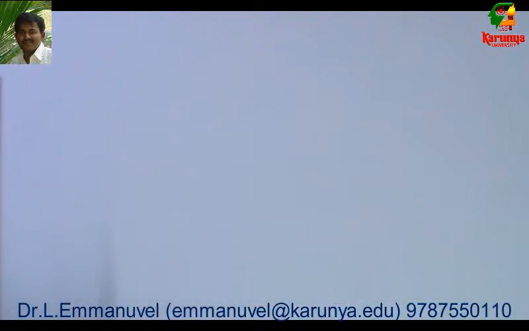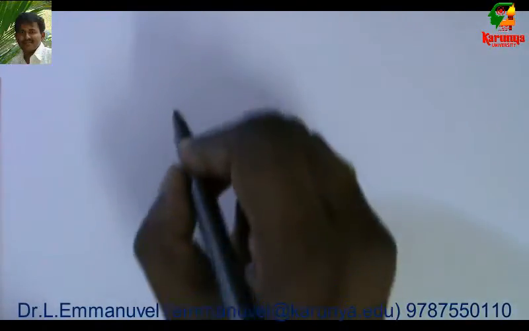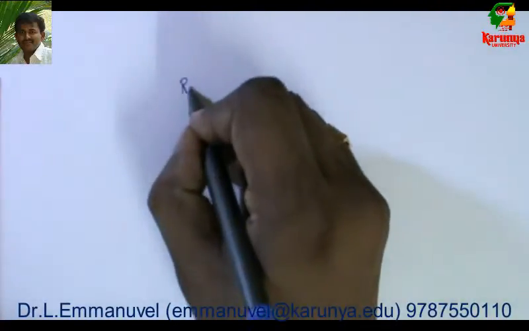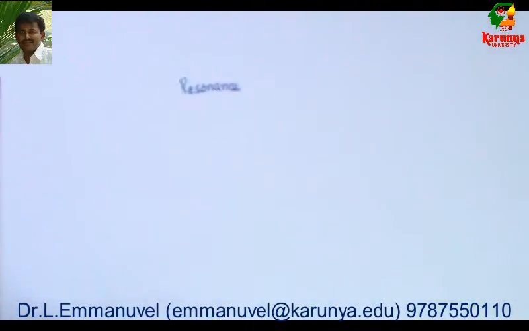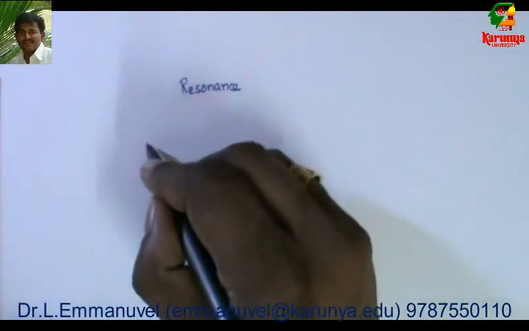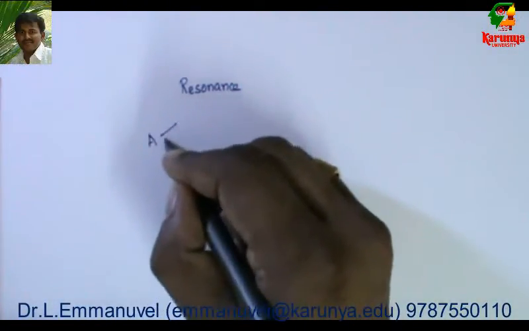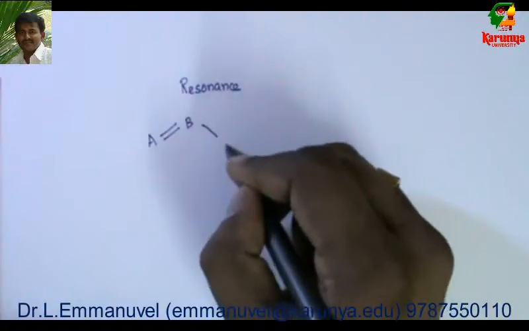There are two important concepts in organic chemistry which discuss the electronic property in the molecule. The first one is nothing but resonance. Consider three atoms like this.